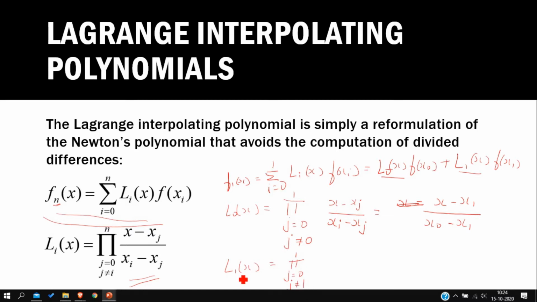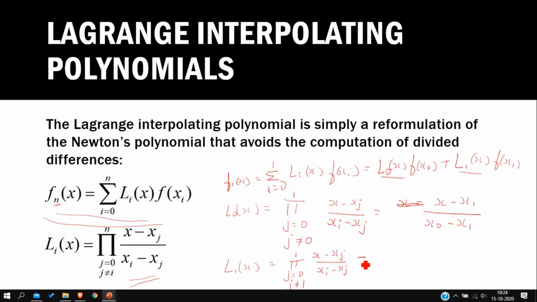Here i is 1, so j should not be equal to 1. And then x minus xj divided by xi minus xj. So here i is 0, and here i is 1, so it can be written as x1 also.